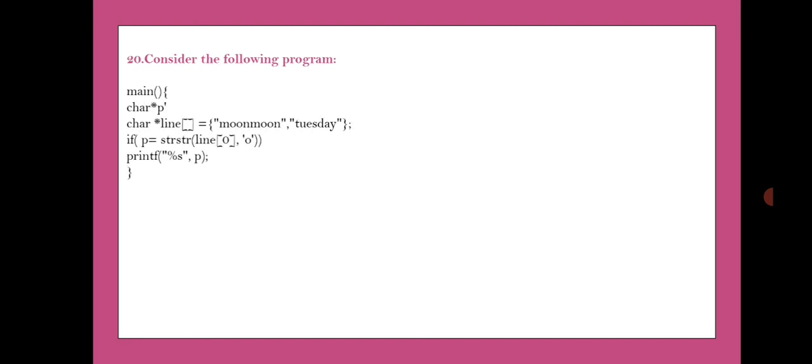Let's move on to the next program. Consider the following: moon moon Tuesday. If p equals strstr, the output of this program would be one of the following. Now you should be able to tell because we already dealt with strstr. Here it is strtok.